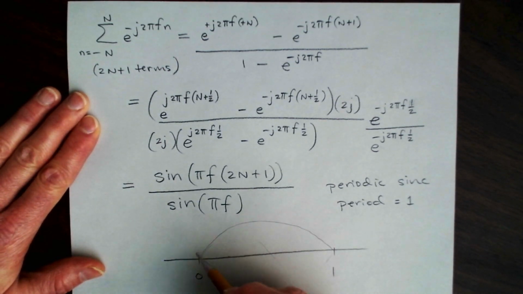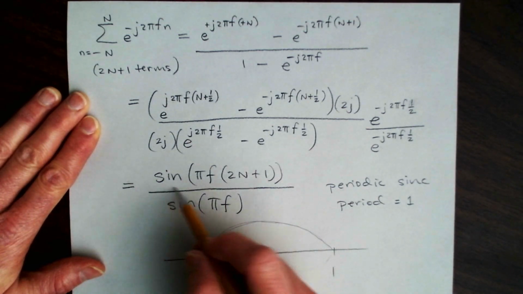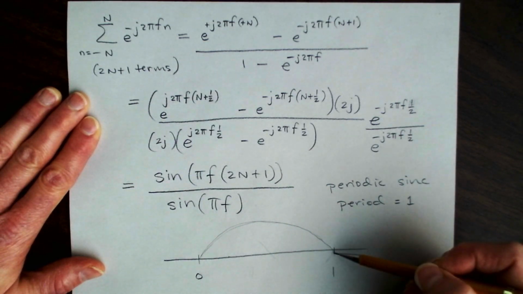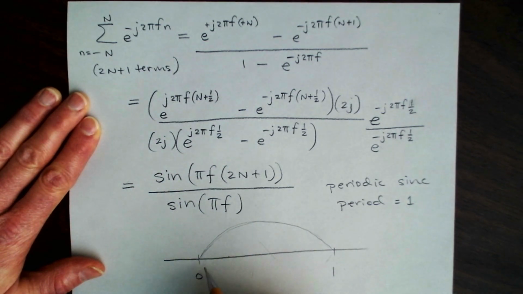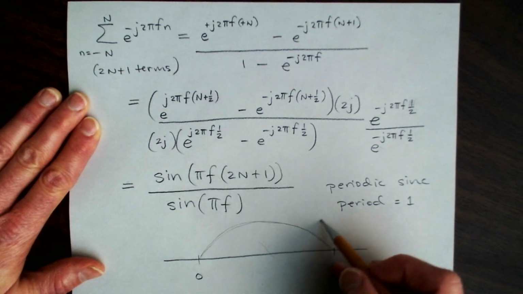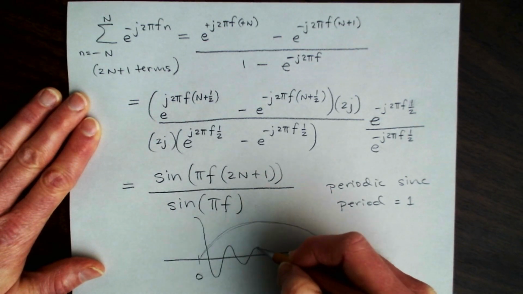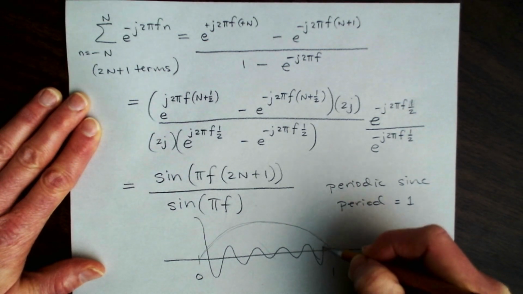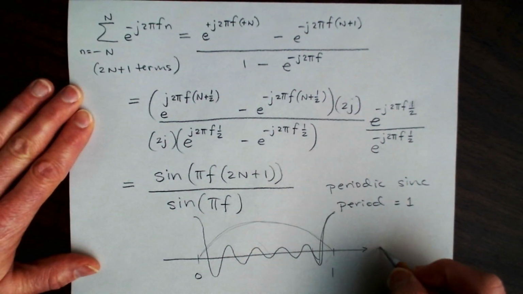And so the plot of this function is going to look something like a regular sine function where we will have 2n plus 1 periods, but the envelope is going to be modulated by the reciprocal of this function. So it's going to start high, then it's going to go low in the middle, and then go high again. And it would look something like this, perhaps. That would be one period of this function.